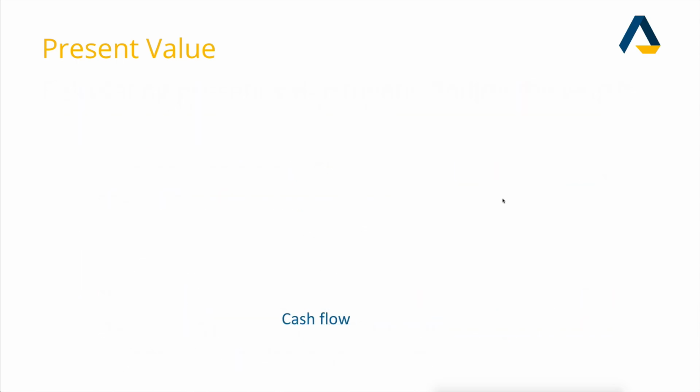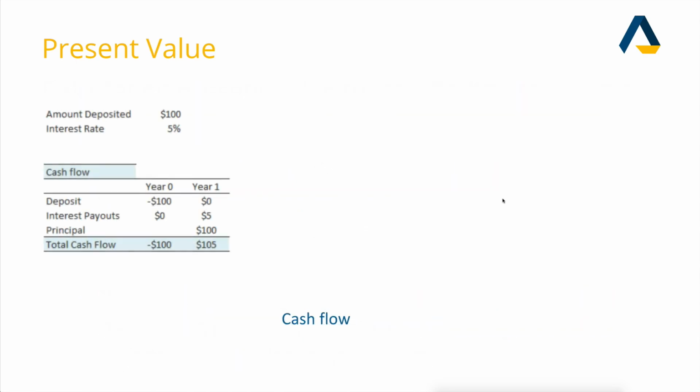If you look at what the cash flow would look like in this scenario, you deposit, let's say, $100 at 5% interest. In the first year you are out of pocket $100 because that went into the bank, and the interest payout at that point was nothing because you're still accruing interest on it.